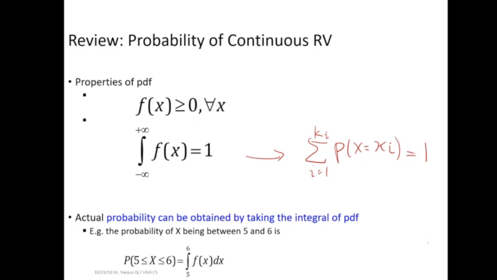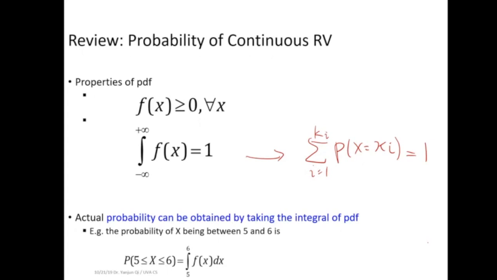So first of all, the PDF is supposed to be non-negative. The integral of a PDF is supposed to be 1. And this in fact has a one-to-one analogy to discrete random variables. So over all the possible values of a discrete random variable, the summation of the probability mass function is supposed to be 1, right? So this has a one-to-one mapping there.